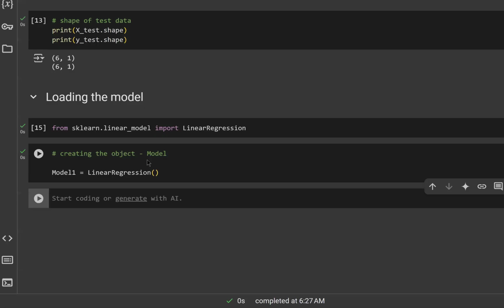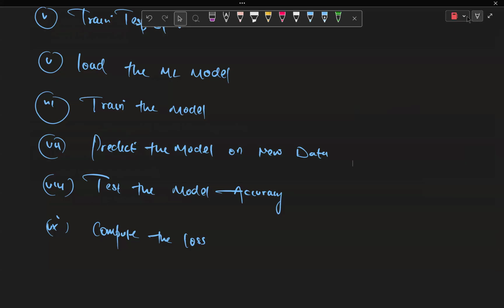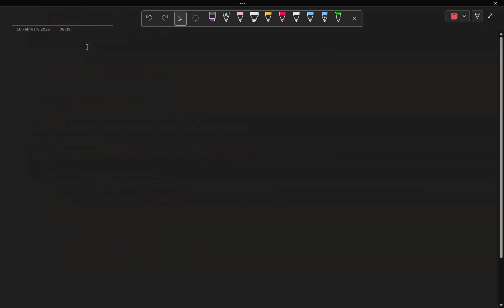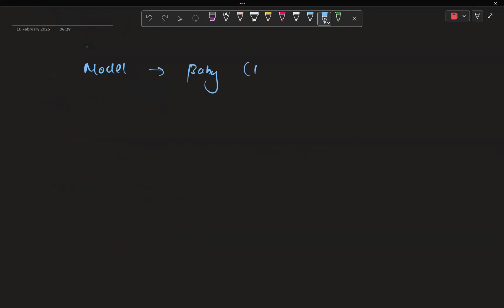What is the meaning of model? It's like a baby which does not know anything. Baby has no idea. So you have to train the baby. What you will do? Train the model. When you teach the baby, teach the model, teach on which data? Training data.